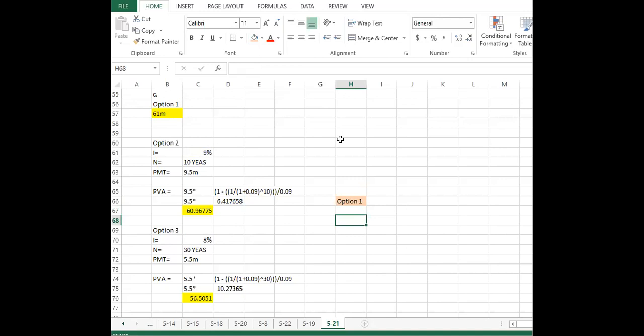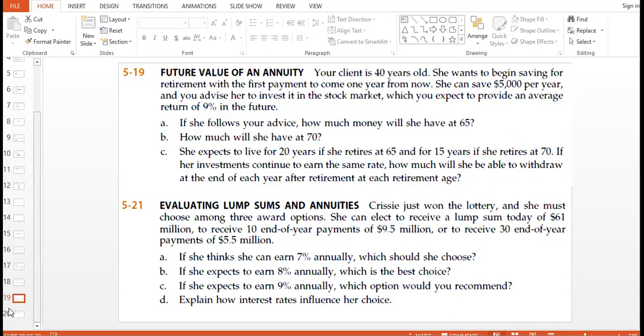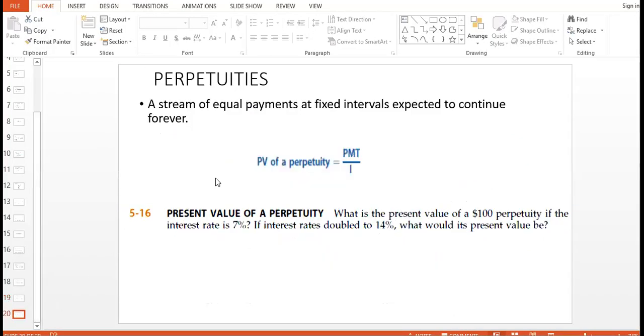So class, here it was 5-21 and we have last problem from the chapter. The last problem is this one, perpetuities. Perpetuities is a stream of equal payments. Stream means we have more than one payment of equal amount.